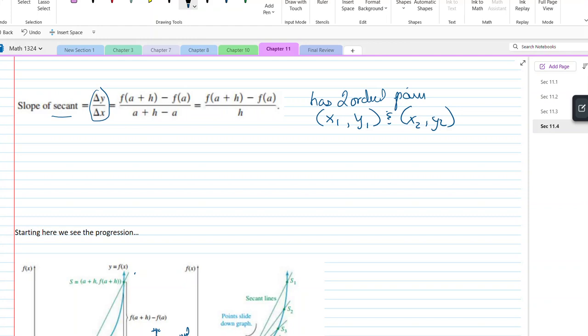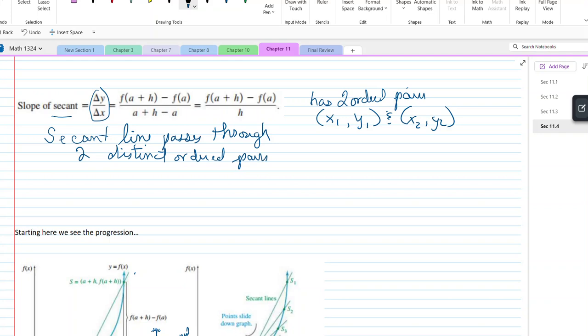All right, so a secant line is through two distinct ordered pairs that have a slope kind of like a velocity by direct line through the 2 points.